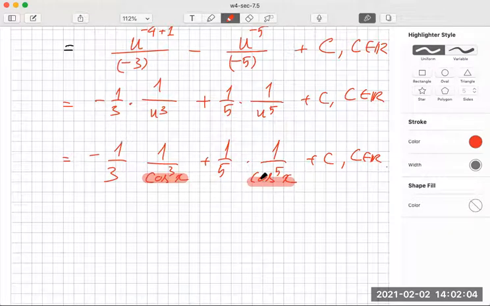Okay. Oh, I see. So you can write it as secant cubed here, right? 1 over cosine, this guy is secant to the 5th, very good. Yeah, there are many ways to manipulate it.